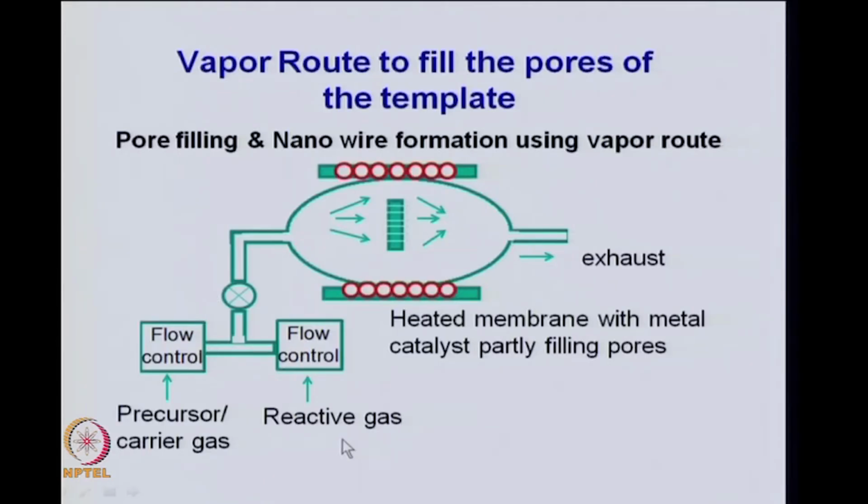The reactive gas will be the gas which you want to use to make the particles, these nanowires or nanorods in this case. So, this mixture I can vary by controlling the flow. I can pass, say, 100 molecules per second of this gas and, say, 500 molecules per second. Okay. So that you are passing a lot of these reactive molecules.